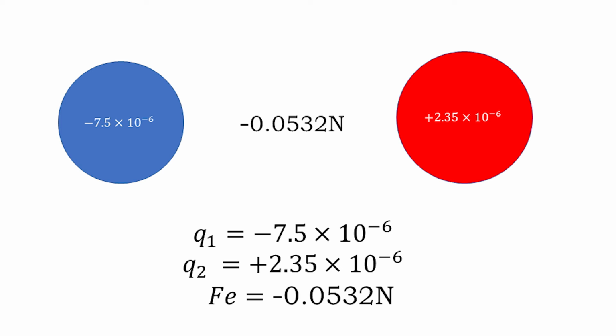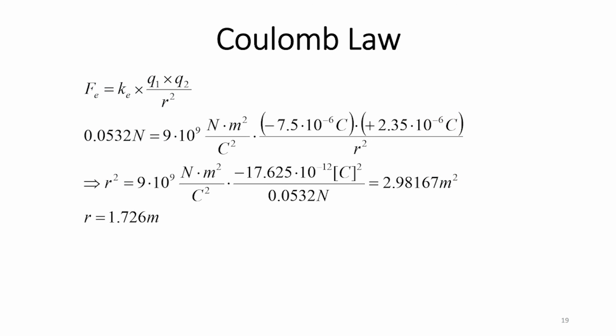According to the given data in the question, Q1 equals minus 7.5 times 10 to the power of minus 6 Coulomb, Q2 equals plus 2.35 times 10 to the power of minus 6 Coulomb, and the attraction force between the two charges is minus 0.0532 Newtons. We will substitute the given data in the equation Fe equals Ke times Q1 times Q2 divided by R squared, and we get that the distance between the charges is 1.726 meters.